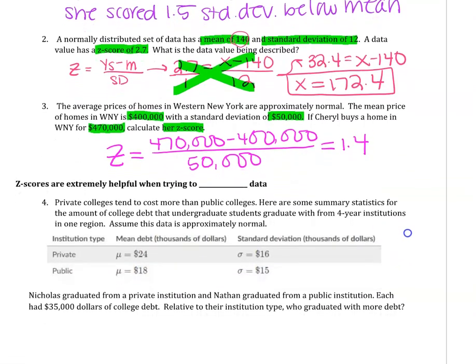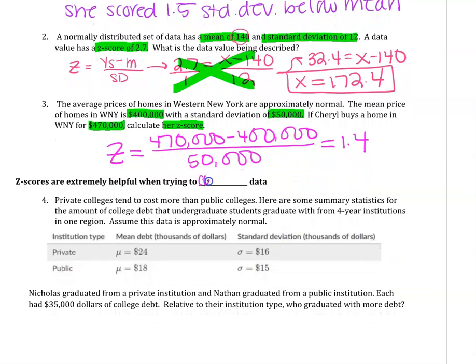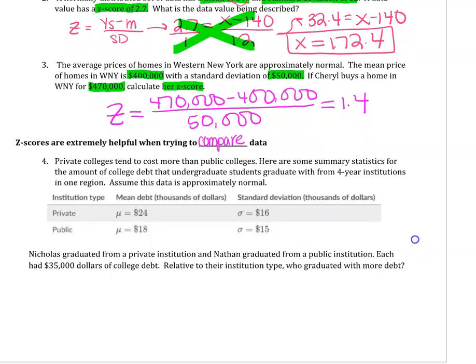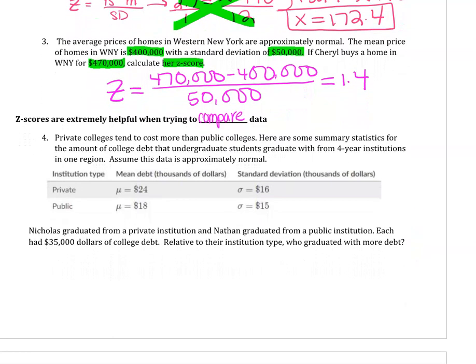Now, z-scores are really helpful when we're trying to compare data. So, private colleges tend to cost more than public colleges. Here's a summary of statistics for the amount of college debt that undergraduate students from a 4-year institution in one region have.